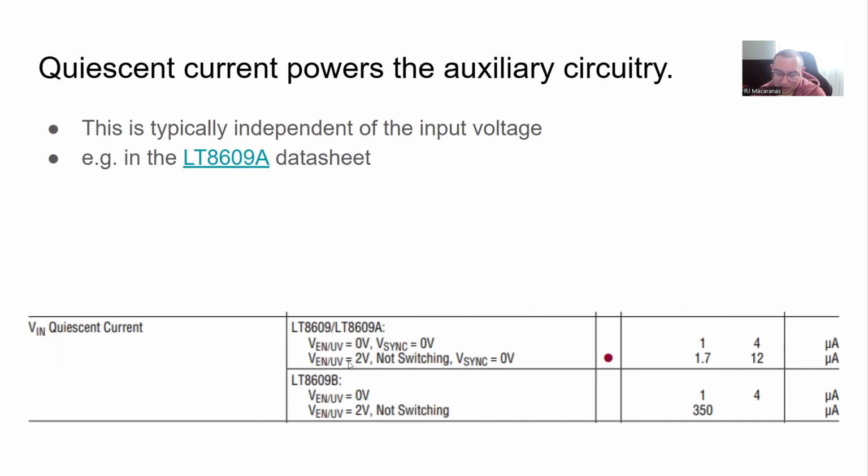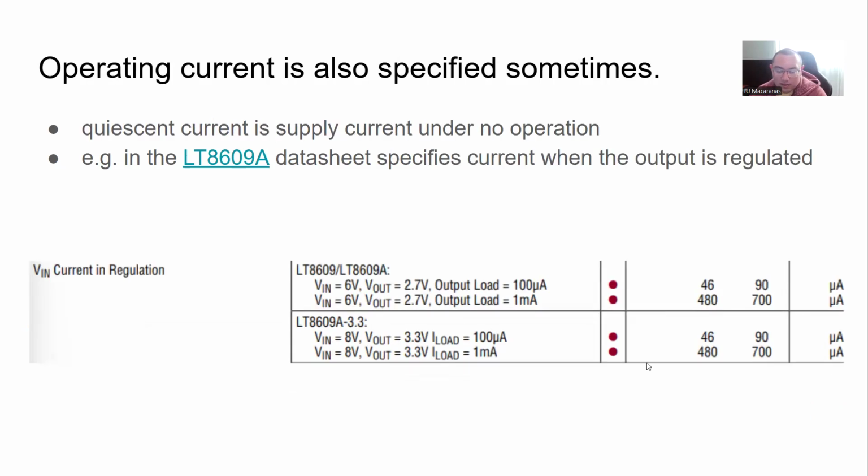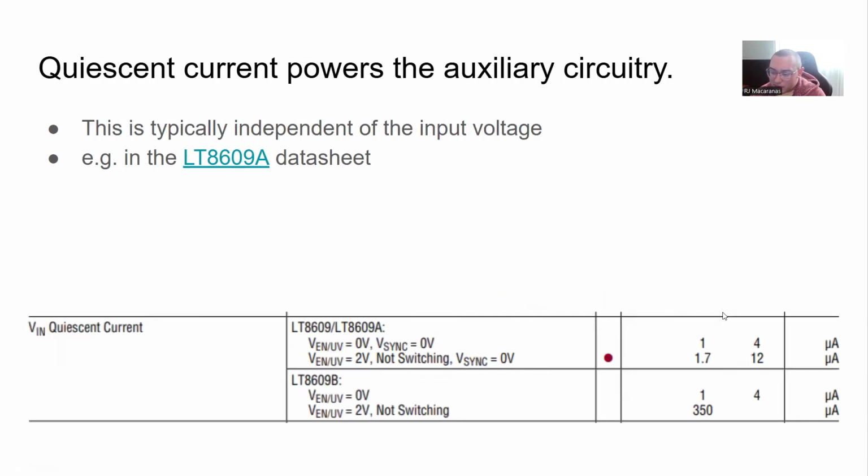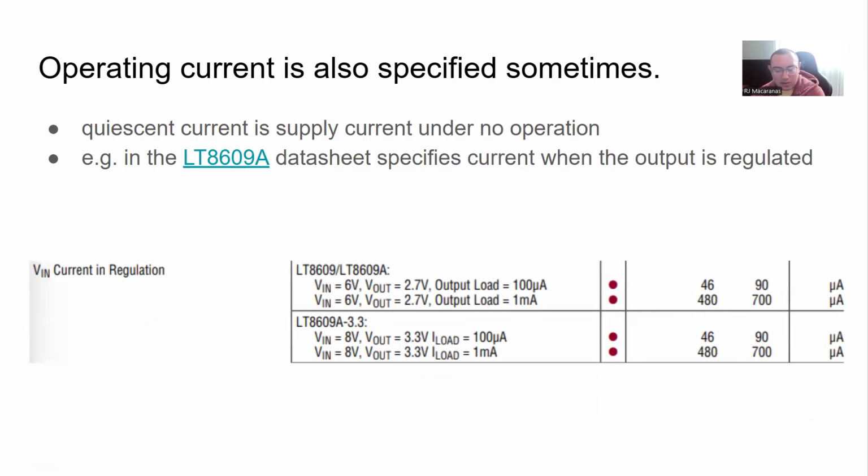So here in this case, when our enable pin, for example, is 2 volts, then we have 1.7 microamps typically. However, when we do have a load attached, you can see that operating current that's being sourced from the input voltage is now 480 microamps, right? So we've gone up by about 300 times or 400 times ish.